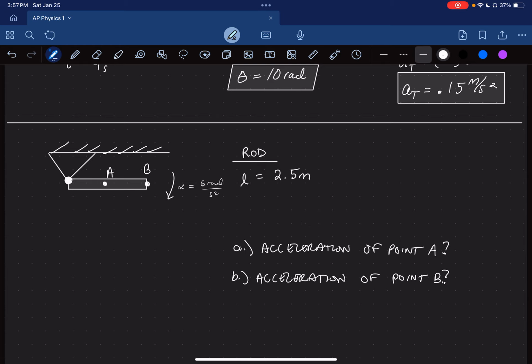What we want to know is the tangential acceleration. In other words, at the moment of release, what is AT here, which I'm actually going to call A of A, and over here, what is the tangential acceleration here, which I will call B.